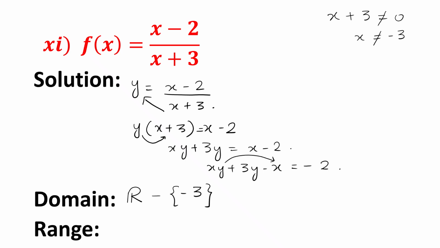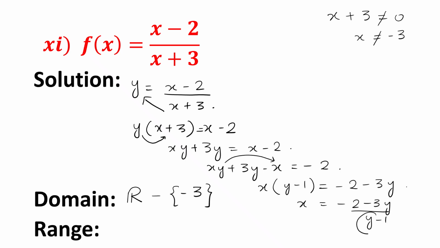X is common from these two terms. So we have x into y minus 1 equals negative 2 minus 3y. X equals negative 2 minus 3y over y minus 1. Clearly, this y shouldn't equal positive 1. It means the range will be all reals excluding 1.